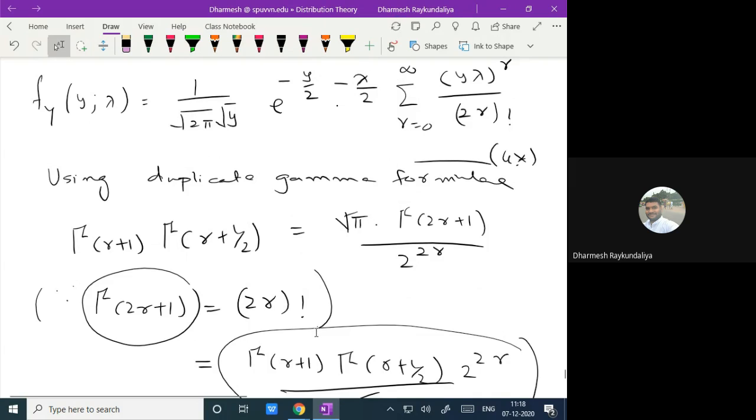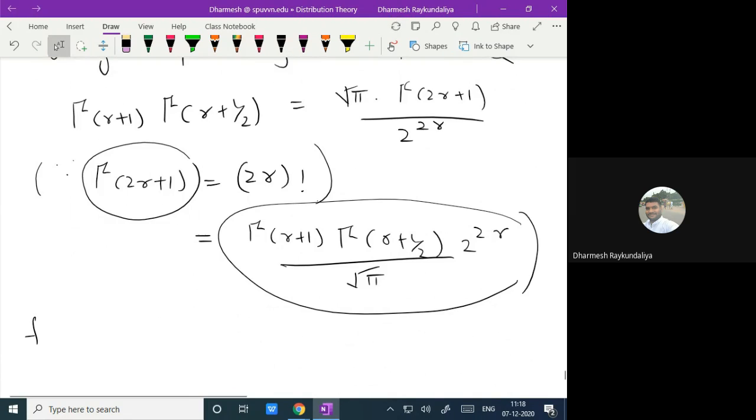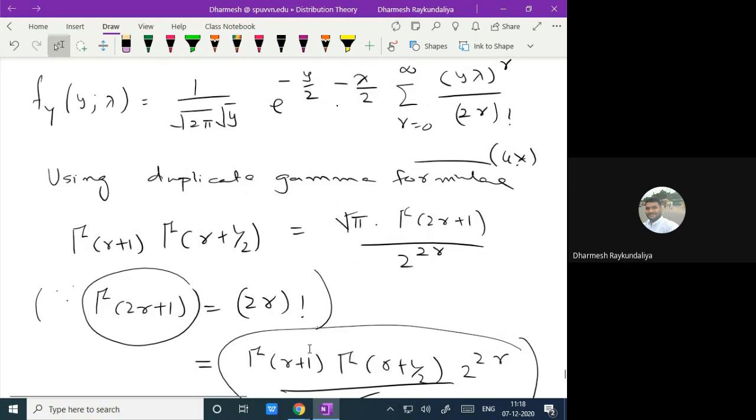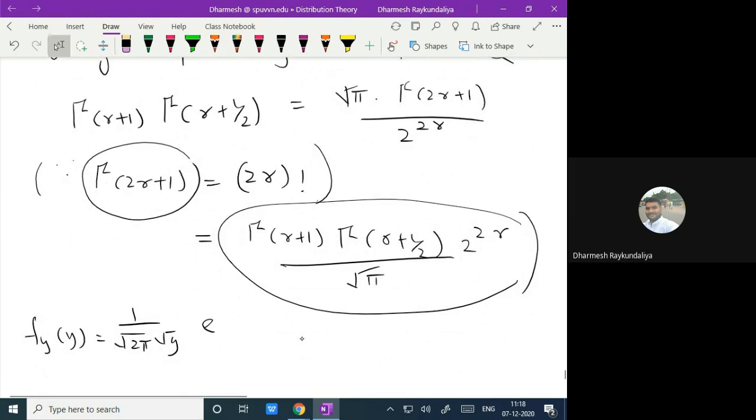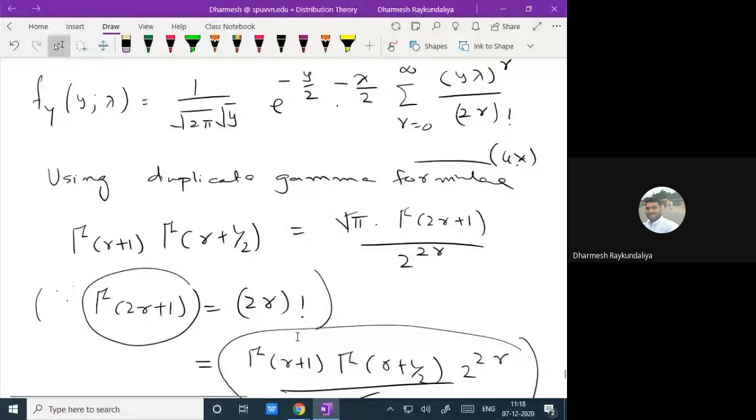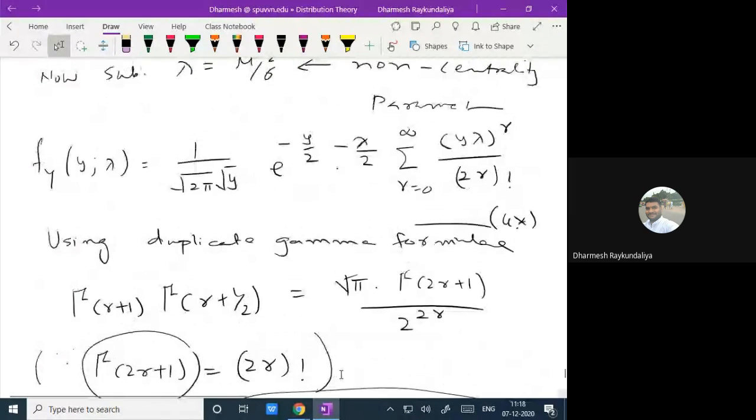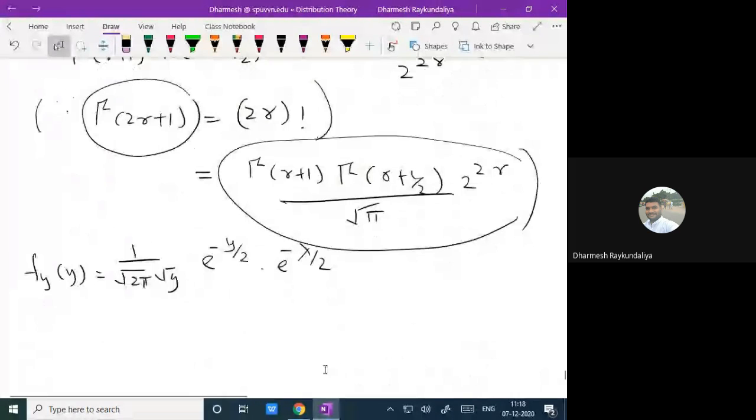What is equation 4? It is 1 upon root 2 pi root y as it is. Later on we will write y, e raised to minus y by 2, into e raised to minus lambda by 2, because we can write the summation r equal to 0 to infinity of y lambda raised to r upon 2r plus 1 into 2r factorial is equal to, we can write, this root pi will be on the upper side.